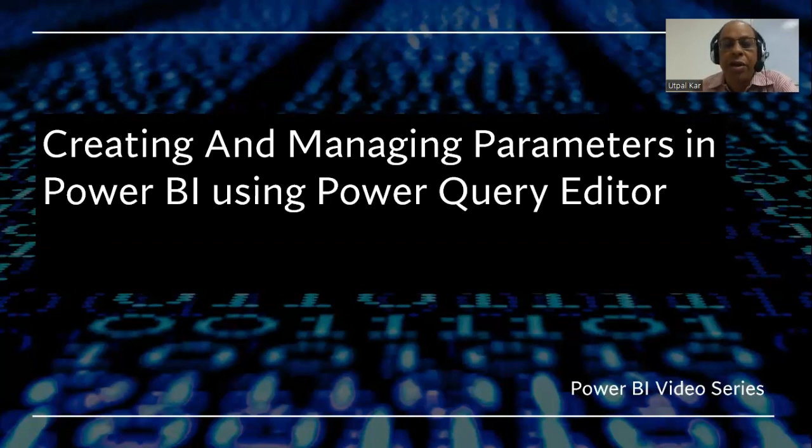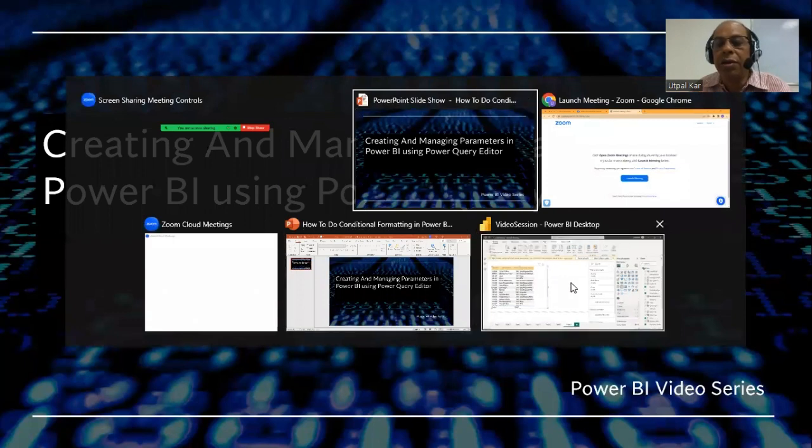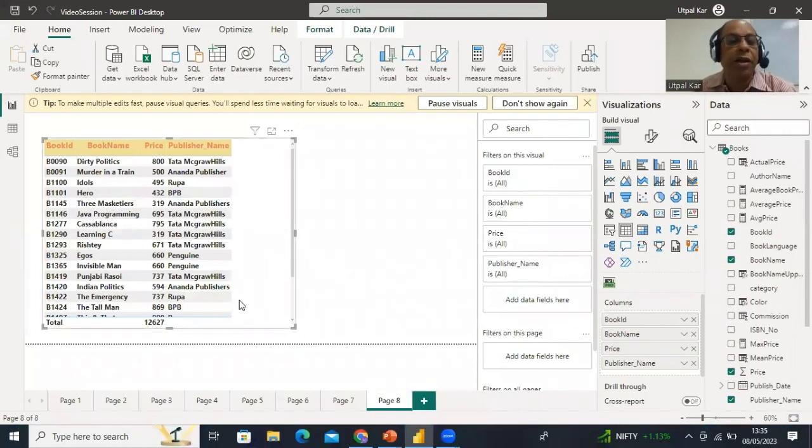So let's try to understand the importance of this activity. I'm moving to the Power BI report viewer where we have taken some data. You can see that publisher names are coming. The books are being published from various publishing houses.